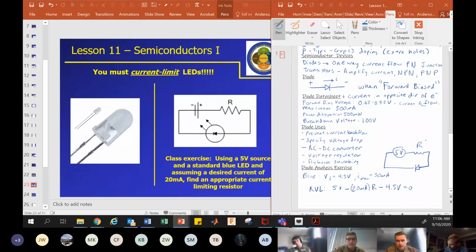Yeah, we want to know the resistor. So R then will equal 5 minus 4.5 over 20 milliamps. That's 0.5 over 0.02 or 25 ohms. So to safely protect that blue LED, you need to put a 25 ohm resistor in series. Okay, that makes sense?